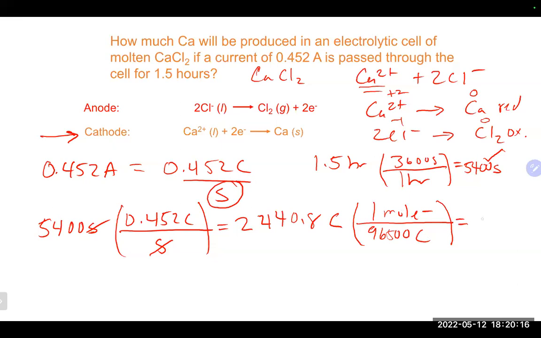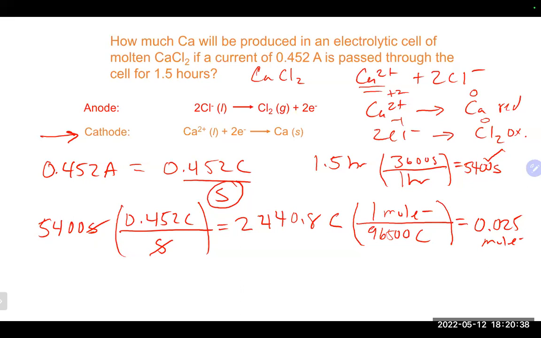That's going to give us, we'll call it, 0.025 moles of electrons. Any questions so far? Like I said, these first steps are fairly common in these types of problems as to what you need to do.